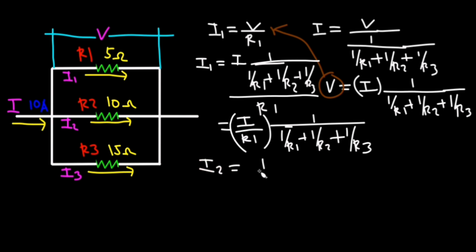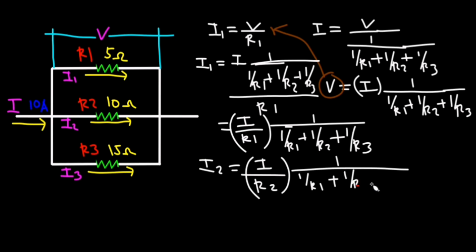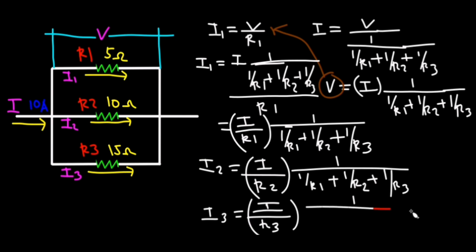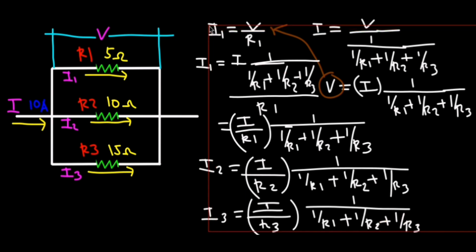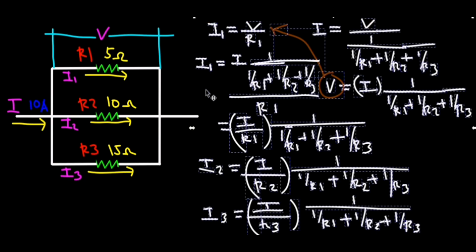So it follows, I2 is equal to I over R2, times the same factor. And I3 is equal to I over R3, times 1 over the quantity, 1 over R1, plus 1 over R2, plus 1 over R3. So now, we can solve the circuit using the values.